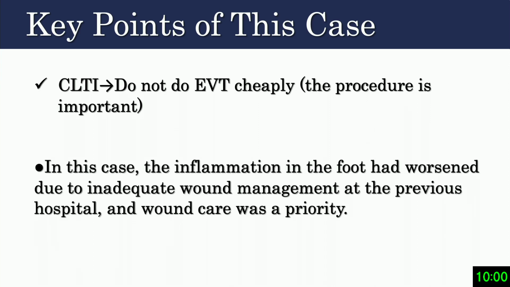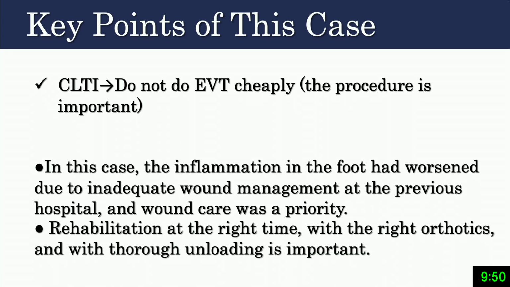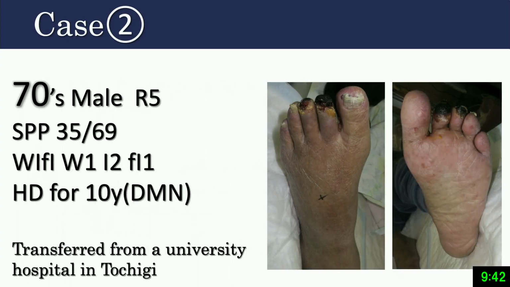In this case, the inflammation in the foot had worsened due to inadequate wound management at the previous hospital, and wound care was a priority. Rehabilitation at the right time with the right orthosis and with thorough unloading is important. This is case 2.